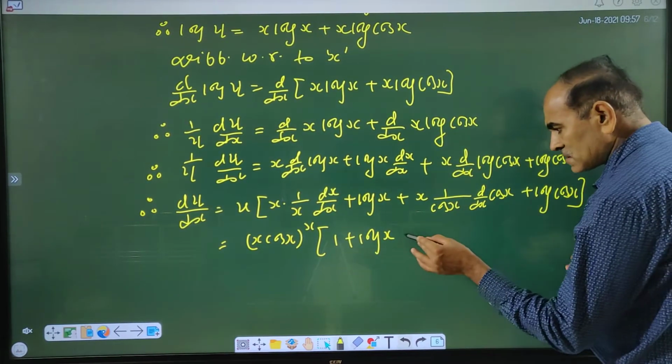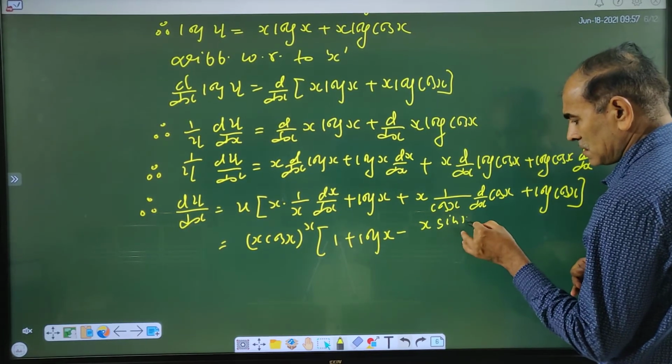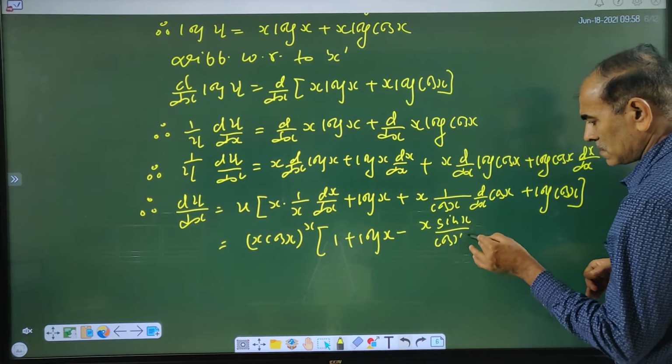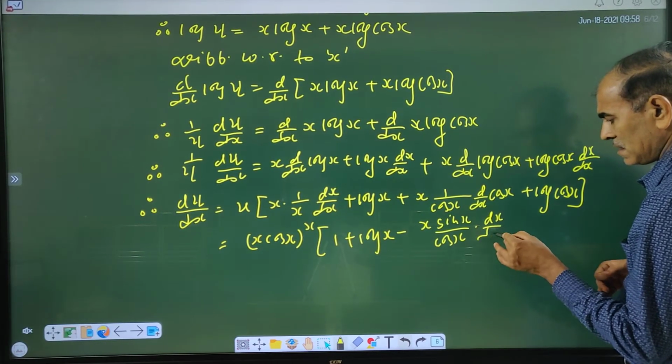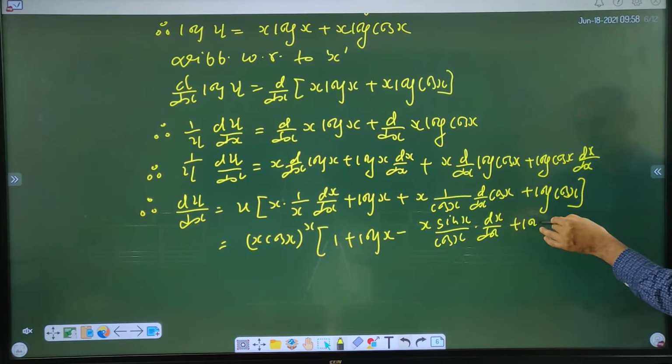Cos of some function, minus sine of some function over cos x into d by dx of some function, plus log cos x.